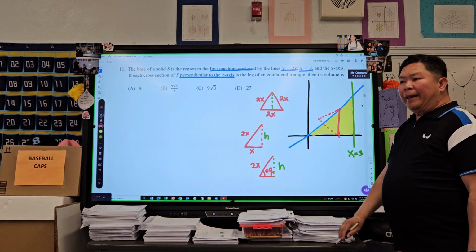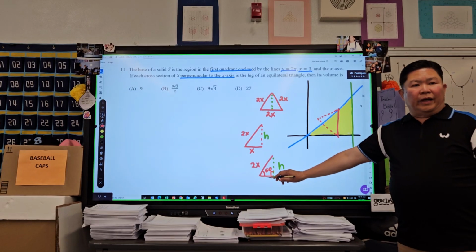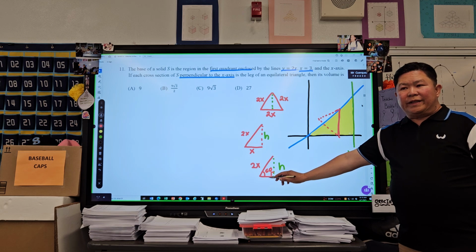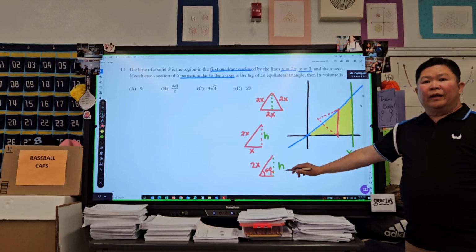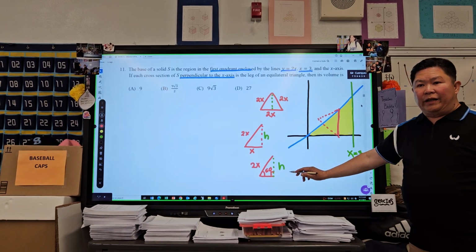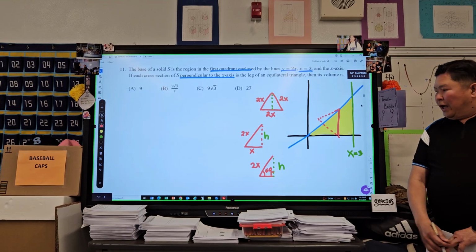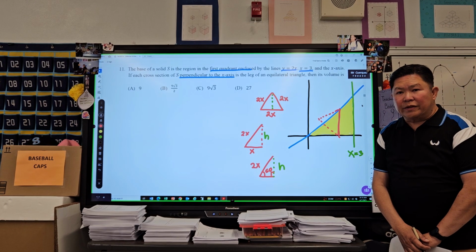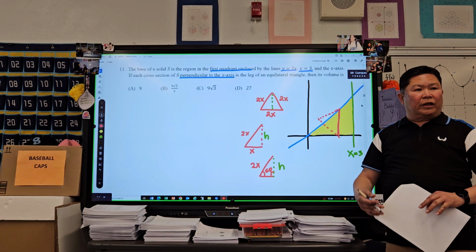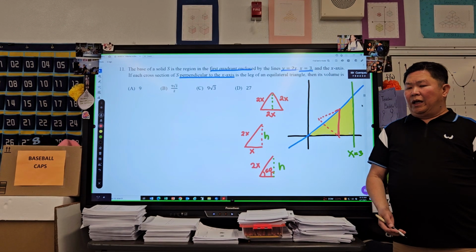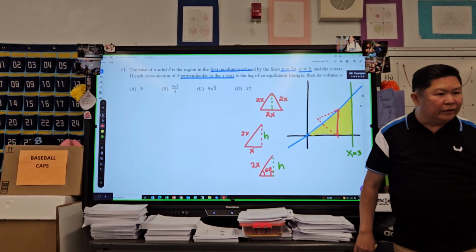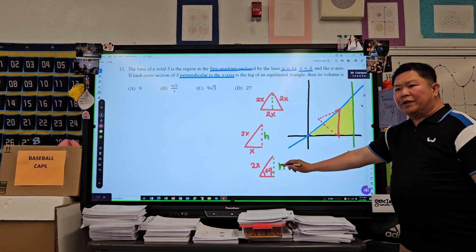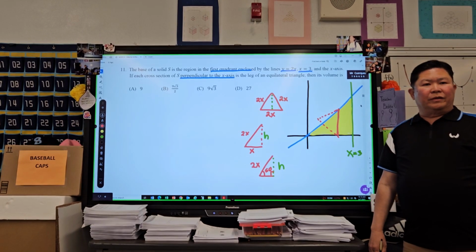Okay, guys? Now, in terms of the angle, what is h? It is the opposite side of the angle. And what is 2x? It is the hypotenuse. So, what function can we use? Is it sine, cosine, or tangent? This involves opposite and hypotenuse.